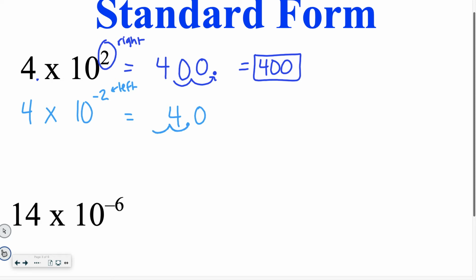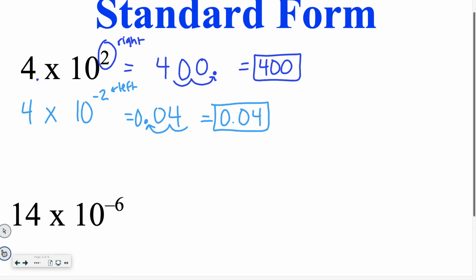So I move 1, 2. Here's where my new decimal point is. I need a 0 there. And so now I can see that my answer would be 0.04 in standard form. Okay?